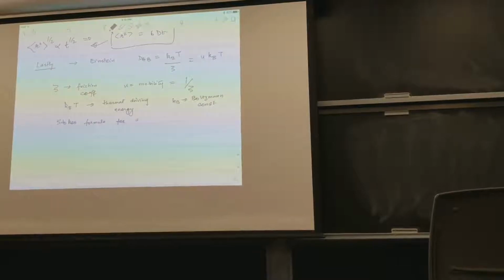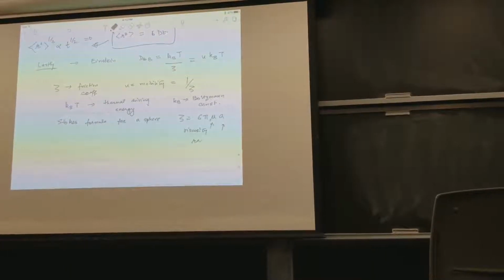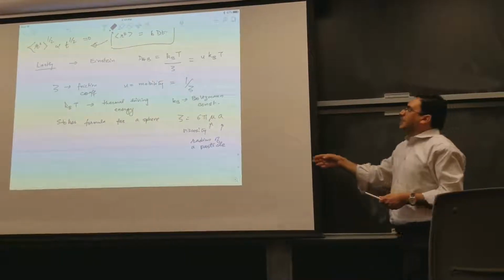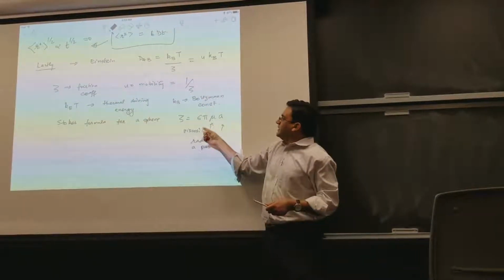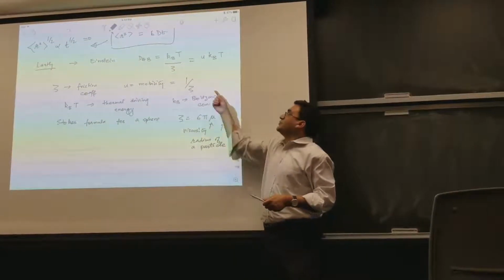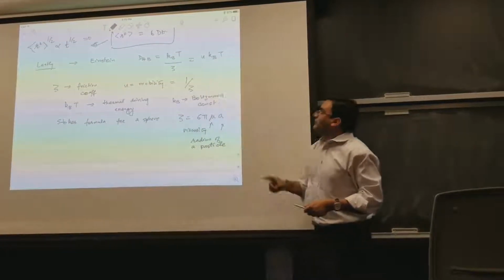For a spherical particle, that's just 6 pi times viscosity and radius a of the particle. So if I'm looking at liquids and a diffusing particle in those liquids, I can find the diffusion coefficient. If I equate a with the molecular size, then I can find the diffusion coefficient within that liquid.